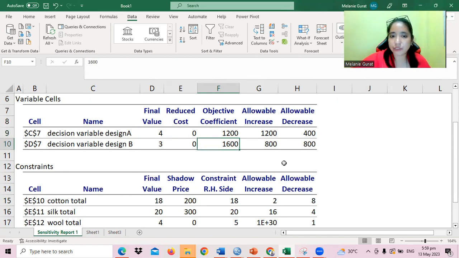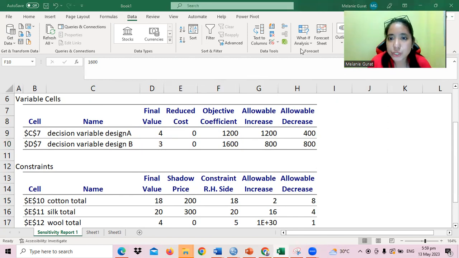Aside from the objective coefficient and final value that we are already familiar with, we also have other terms like allowable increase and allowable decrease. These are the last 2 columns.